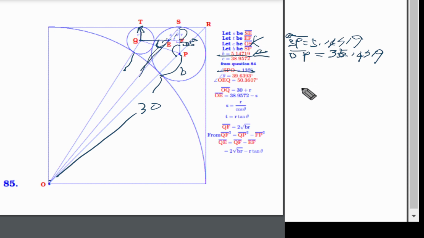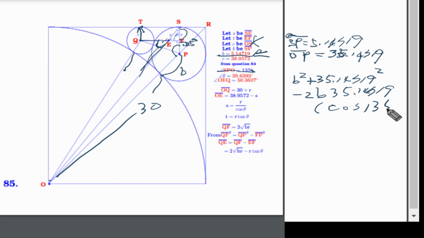Then we can make the equation: B squared plus 35.14719 squared minus 2 times B times 35.14719 times cosine 135 degrees, where B was 5.14719, must be the same as C squared.